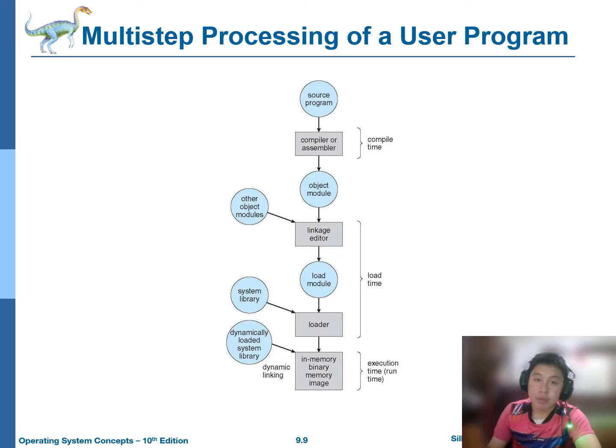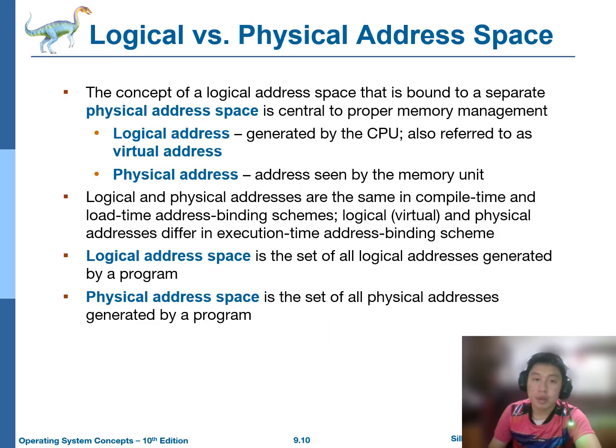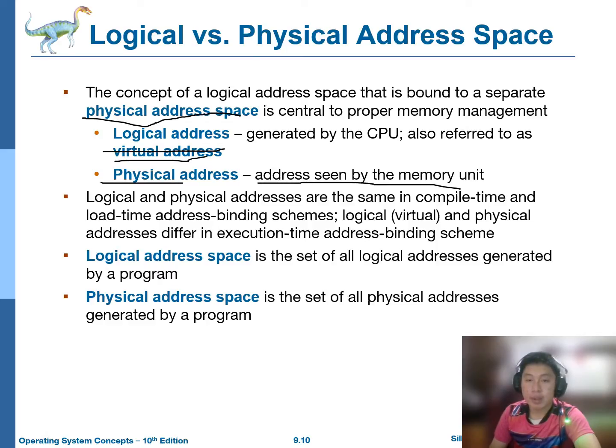Multistep processing of a user program. Logical and physical address space. The concept of a logical address space that is bound to a separate physical address space is central to proper memory management. Logical address is generated by the CPU, also referred to as a virtual address. Physical address is seen by the memory unit.